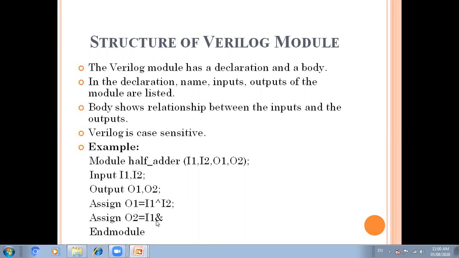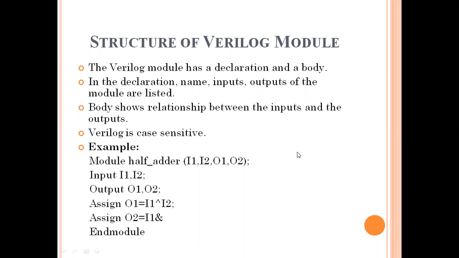One of the operators performs the logical operation. So these are the logical operations. And after completing the statement, I forgot the semicolon. After completing all the statements, you have to end with endmodule. So that is the simple structure of Verilog, right?